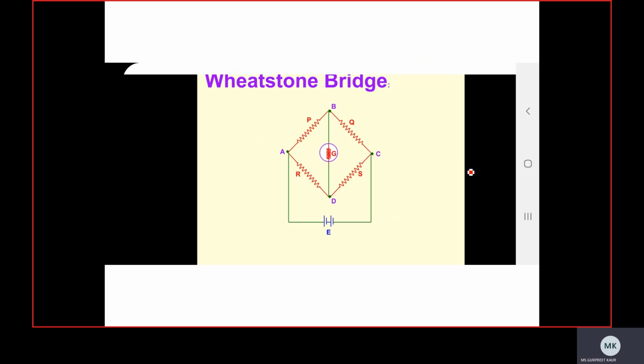So you have a bridge shaped pattern with four resistances P, Q, R and S. Across these two terminals A and C, there is a battery, that is the source, and between these two terminals B and D, there is a galvanometer connected.